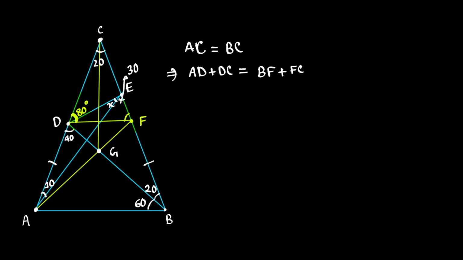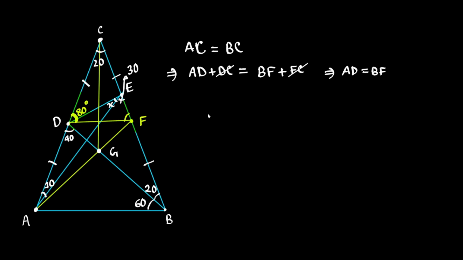And we saw it already that DC and CF are equal. DC means CD, the same thing. DC, CF, they are equal. So DC and FC are equal, so they got cancelled. We can say AD is equal to BF.